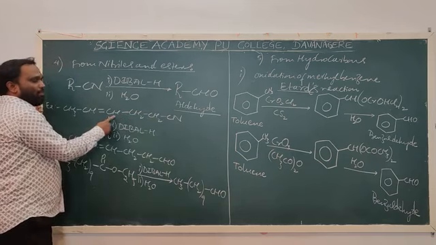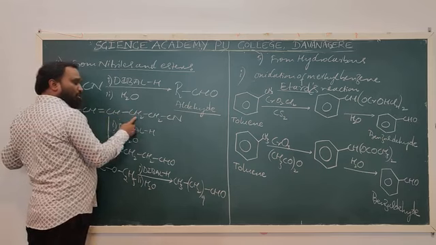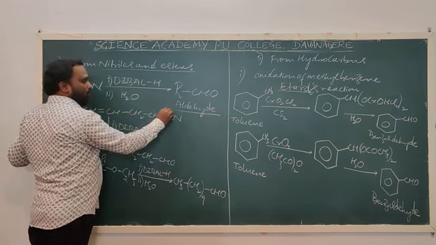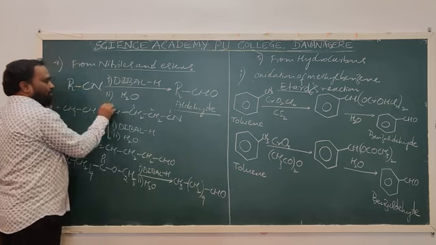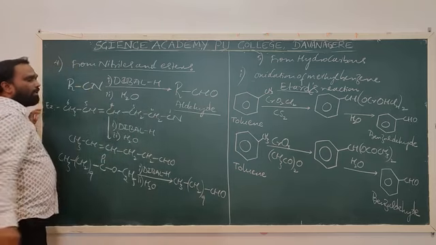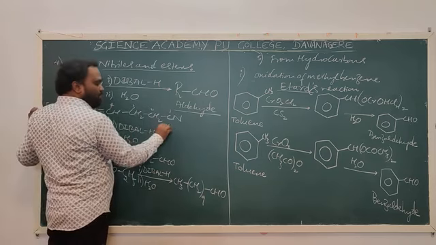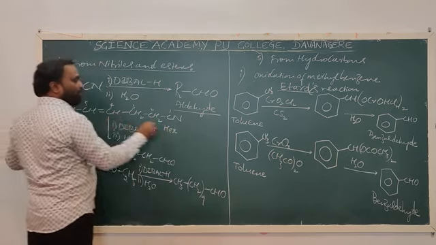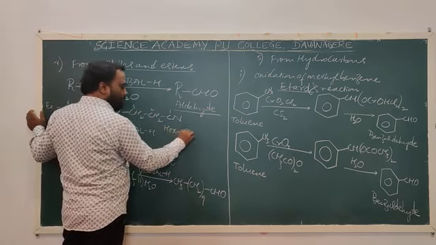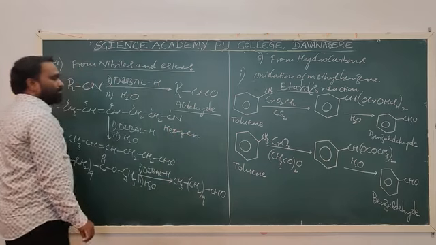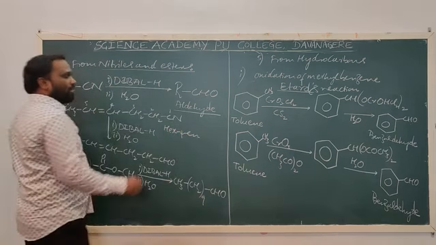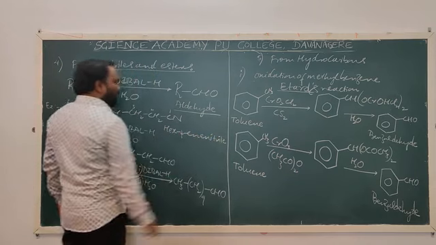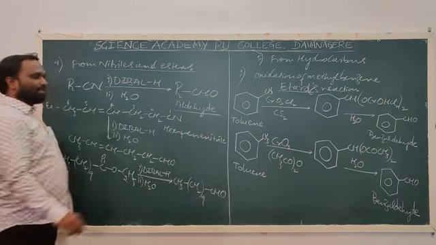CH3 CH=CH CH2 CH2 CN. If you number this parent chain 1, 2, 3, 4, 5, 6, there are 6 carbon atoms, therefore it is hex. At position 4 we have a double bond, so it is ene. It contains a cyanide functional group, therefore it is nitrile.